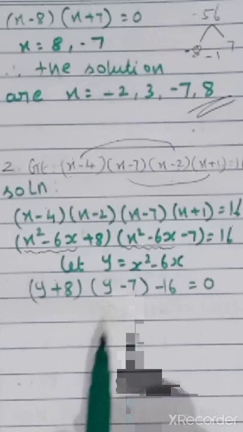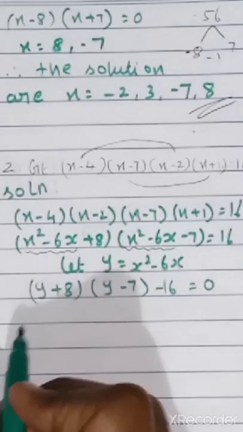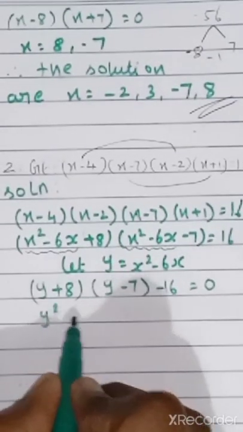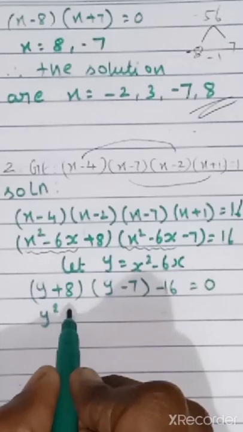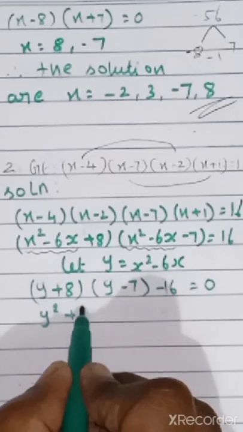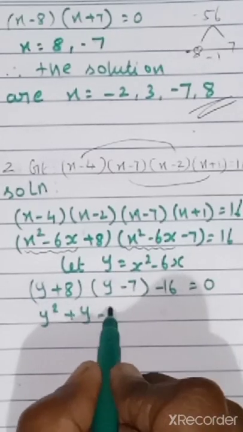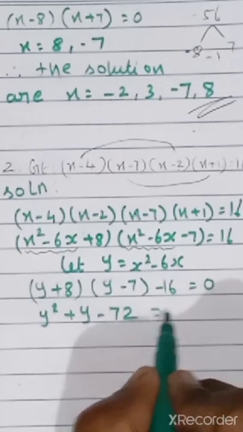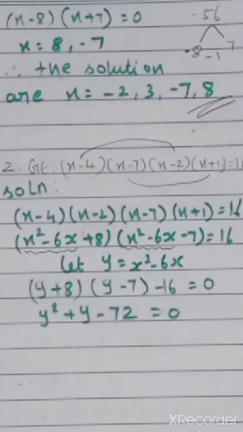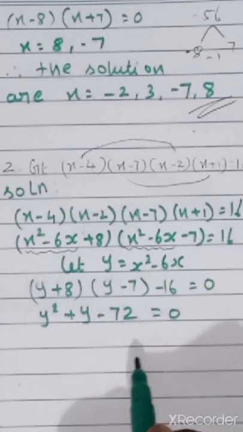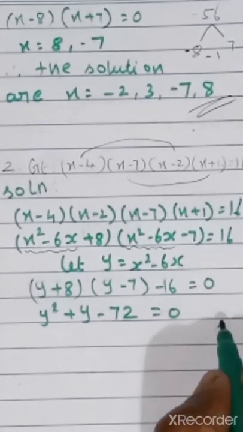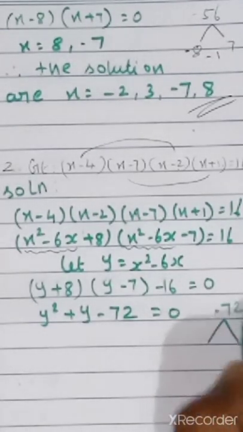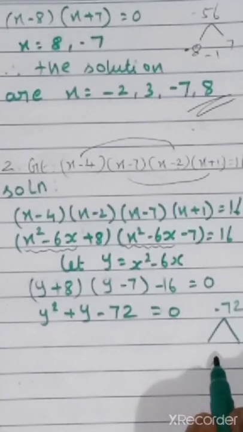So again what do we have to do? We have to multiply these two terms. So if I multiply, what will you get? y square plus y minus 72 equal to 0. Again what do we have to do? We have to find the factors for this one. So minus 72 and plus 1.